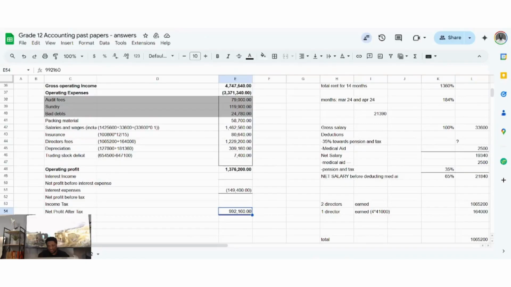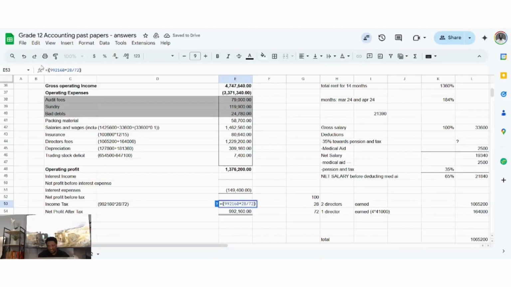So then this would be 72%. This would be 28, and this would be the 100%. So then to calculate this, income tax is basically 992,160 multiplied by 28 divided by what we are given, which is 72. So that gives us our income tax.